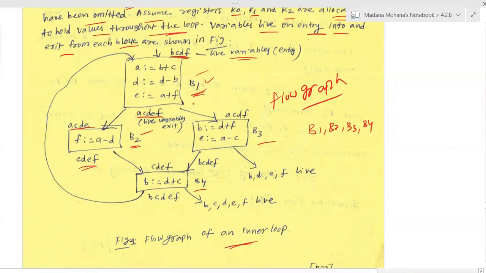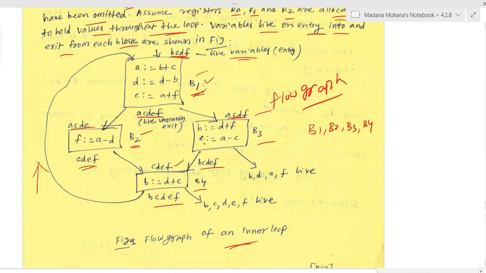For B3, the entry live variables are ACDF and the exit live variables are BCDF. For B4, the entry live variables are CDEF and the exit live variables are BCDEF. Now from bottom to top, we can proceed.